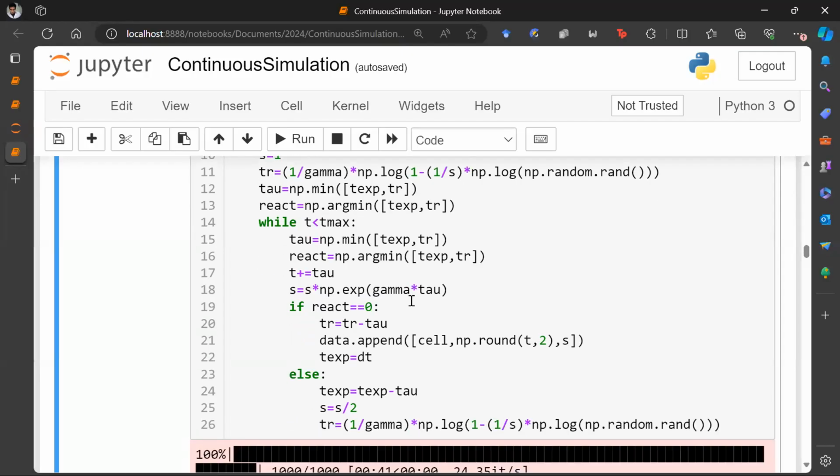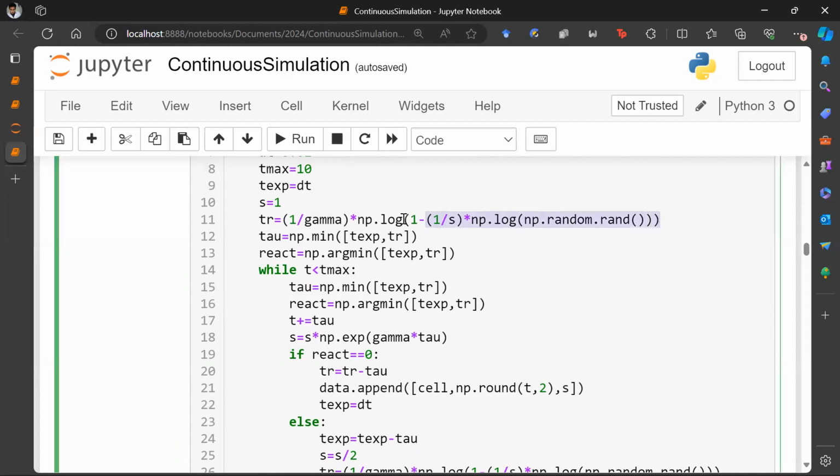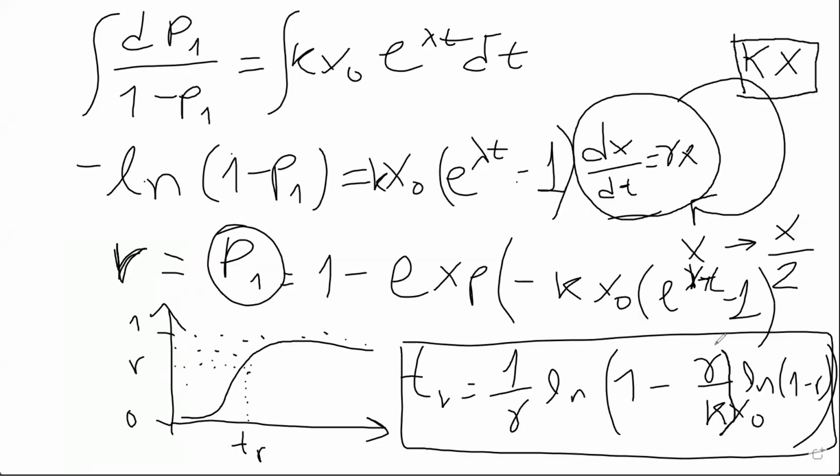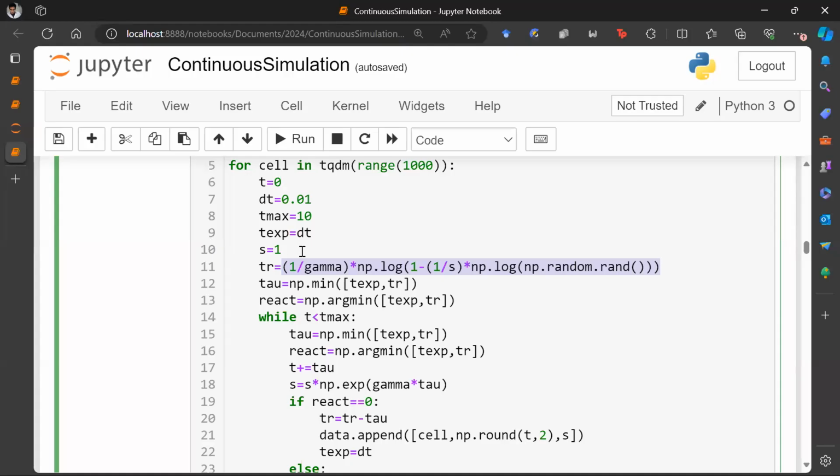Okay, so I have something like this. Here my random number is going to follow something like this. In this case, I used k equal to gamma, such that this is 1, and this is the cell size at the beginning of the cell cycle. So I start from size equal to 1. This is my next time to division.